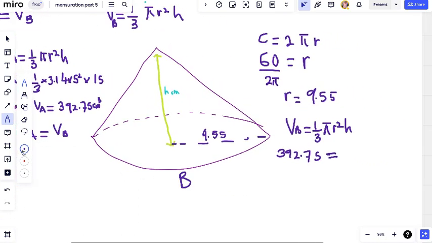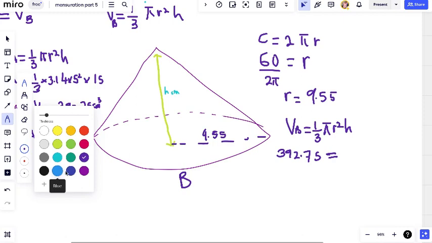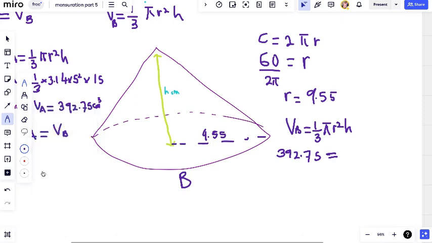we can change the color to show we are doing a different one right now. Is equal to 1 all over 3 times pi, which is 3.14, times the radius, 9.55, right?